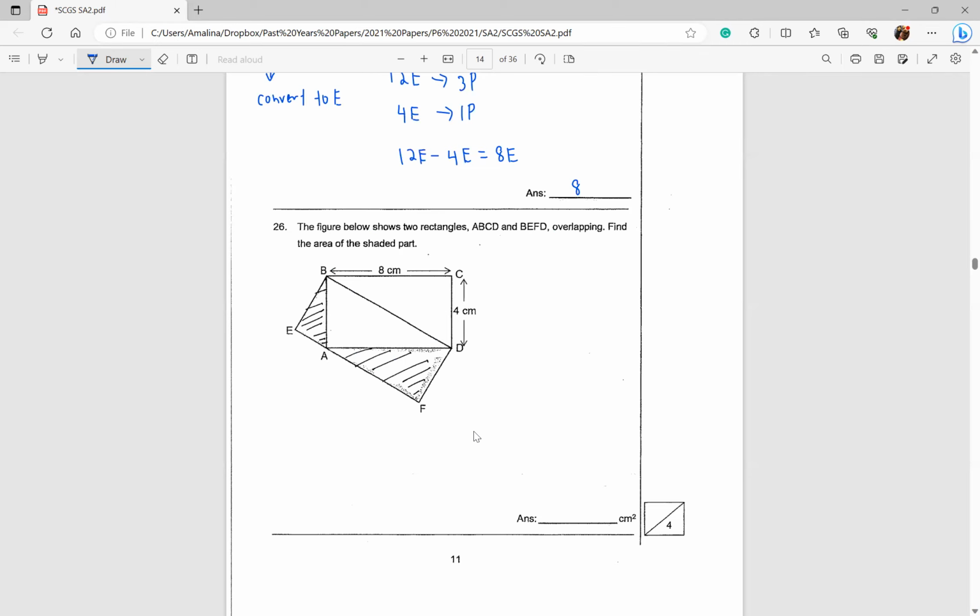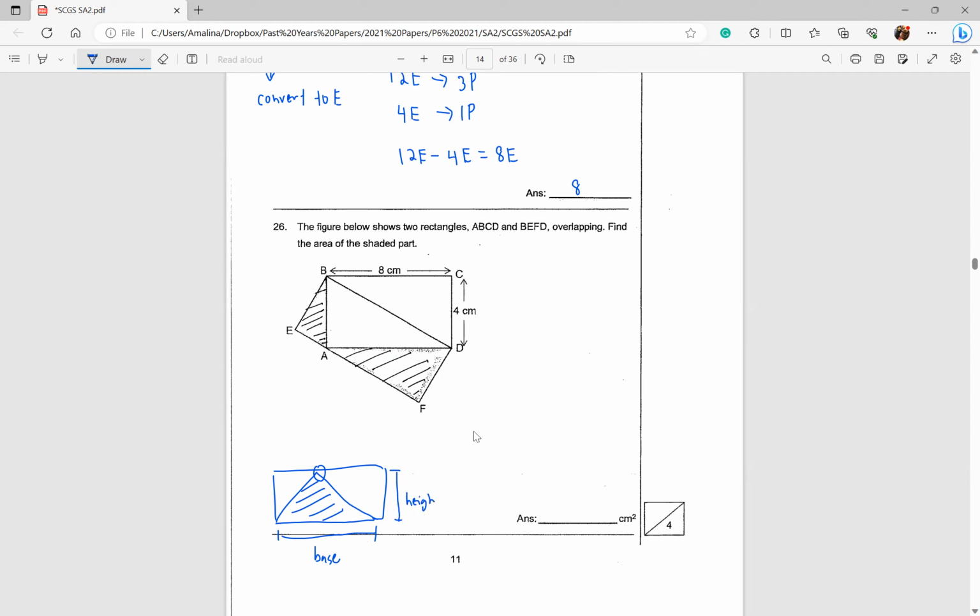If you recall back, if you have a rectangle and you have a triangle inside, whereby the height touches the opposite side and the base is the entire length of the rectangle, this is my base, and this is the height, which is the breadth.